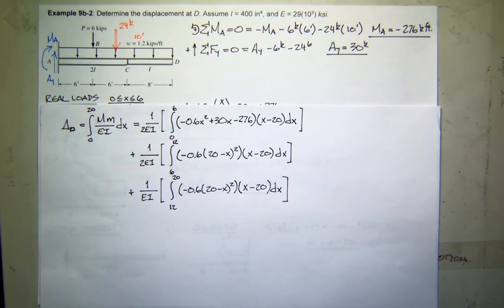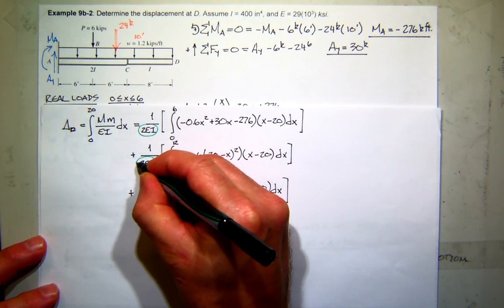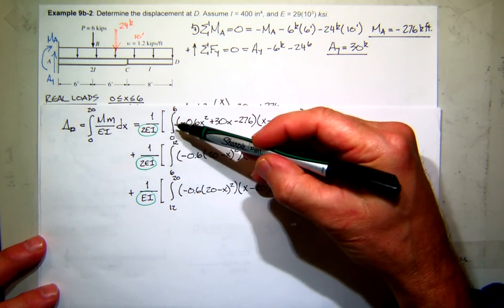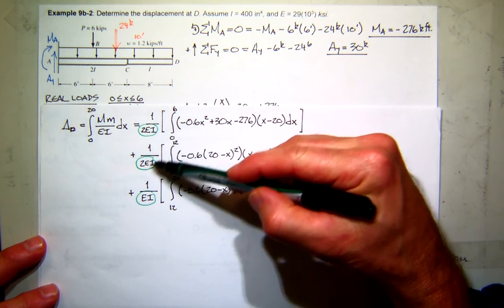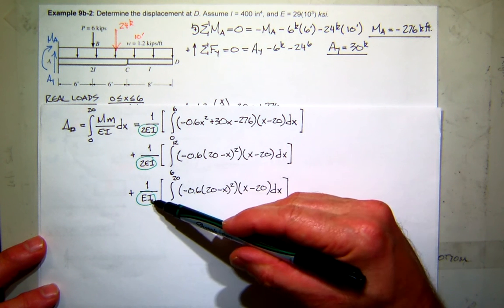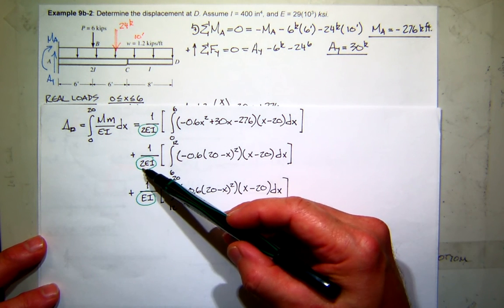This is good enough for me. So what I'll do here is circle these denominators to let you know the difference. From 0 to 12, I'm dividing by 2EI, and from 12 to 20, I'm dividing by EI. These integrands are the same, but one is divided by 2 and one is not.